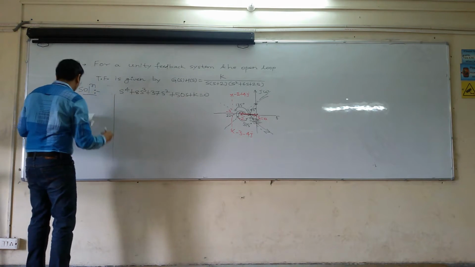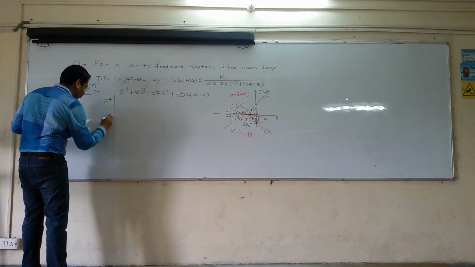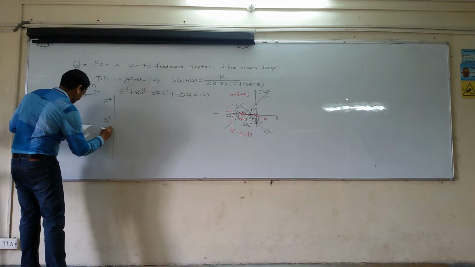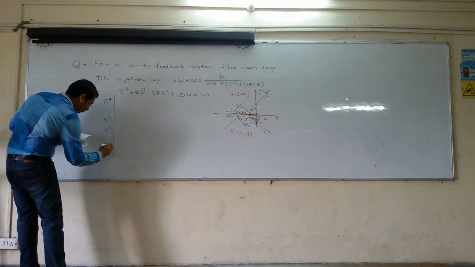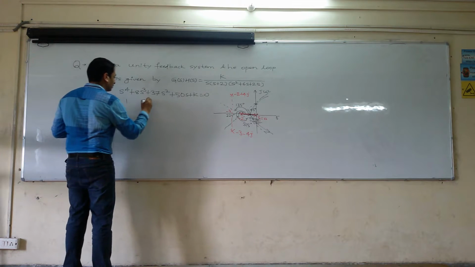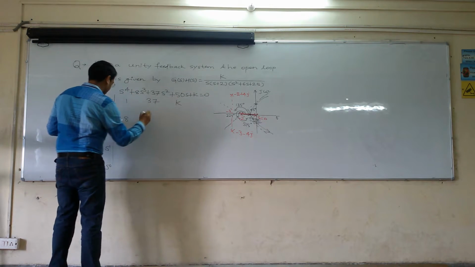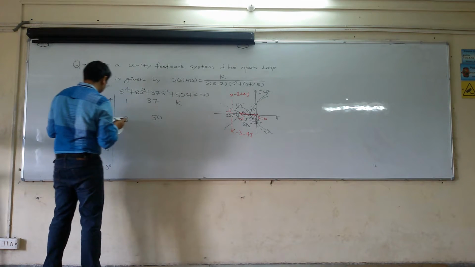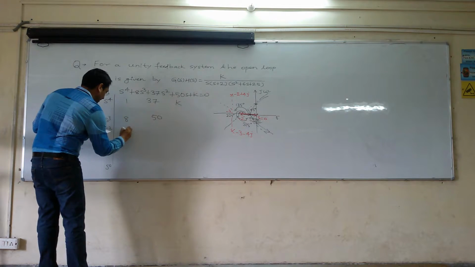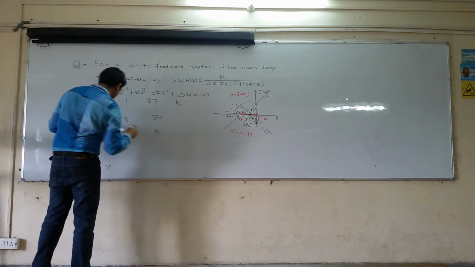Try yourself, I am trying it parallelly. s to the power 4, s cube, s square, s to the power 1 and s to the power 0. So 1, 37, and then 8, 50, 30.75 and then k.